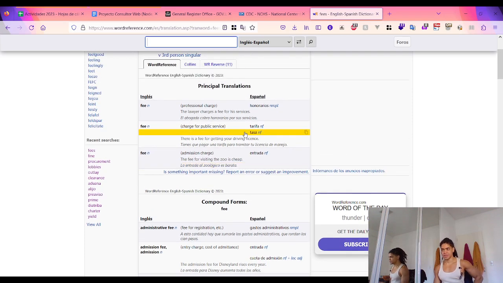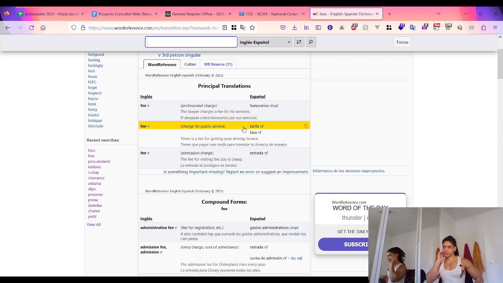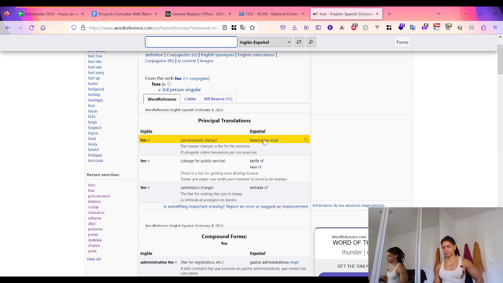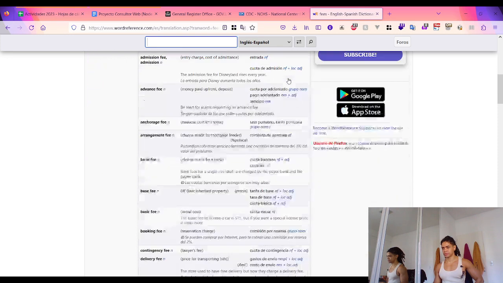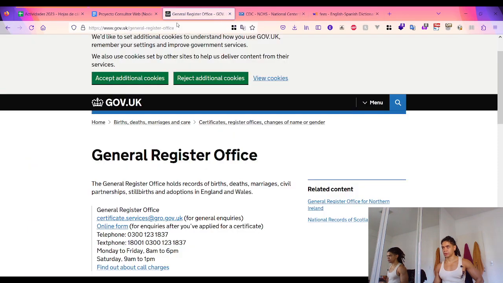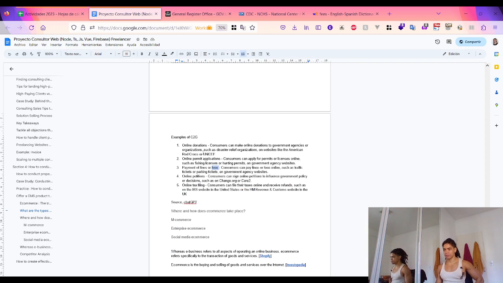So a fee can be a professional charge, a charge for public service, una tarifa, una tasa, or an admission charge, una entrada. So payment of fines, multas, or fees, comisiones, tasas.